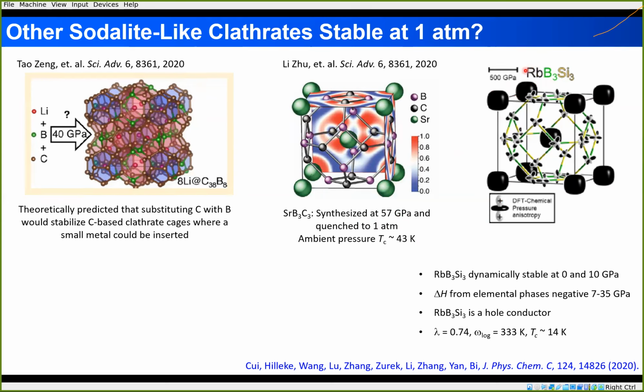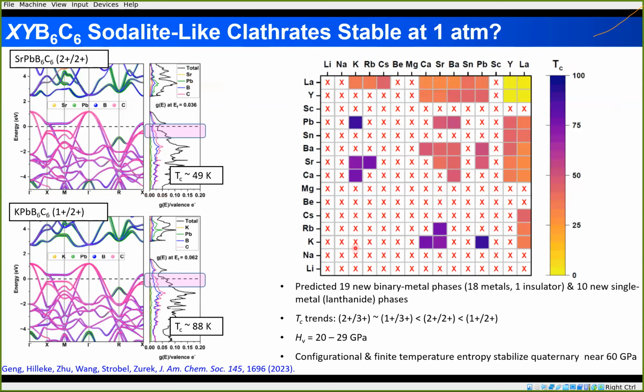In this case, we found that you would want rubidium or cesium within the cage for it to be dynamically stable. However, the superconducting critical temperature would be less than for the carbon-based systems because silicon is going to be heavier than carbon.